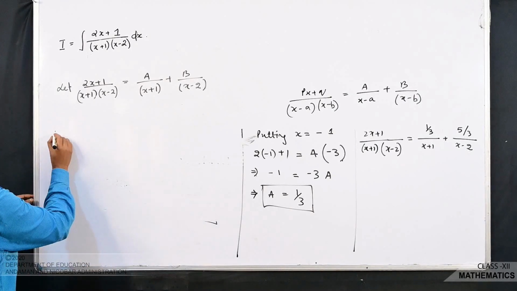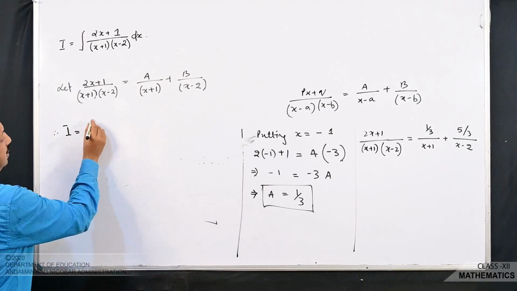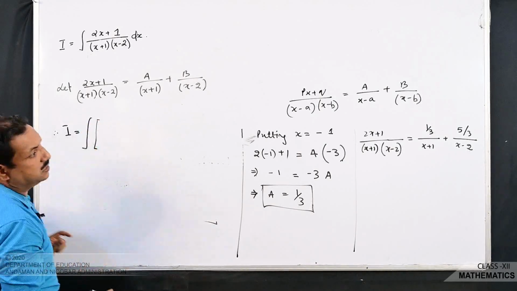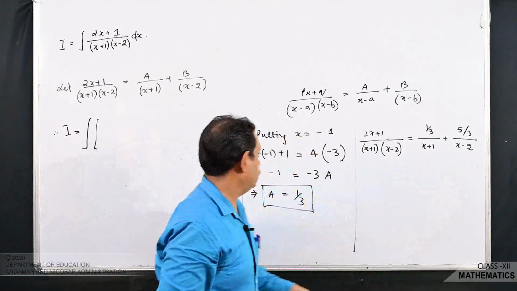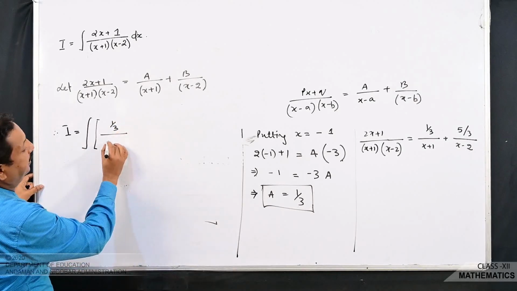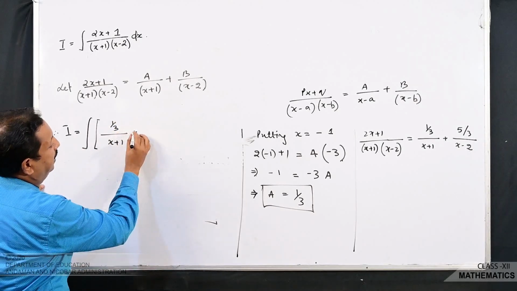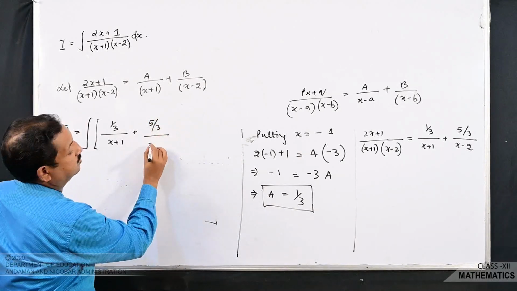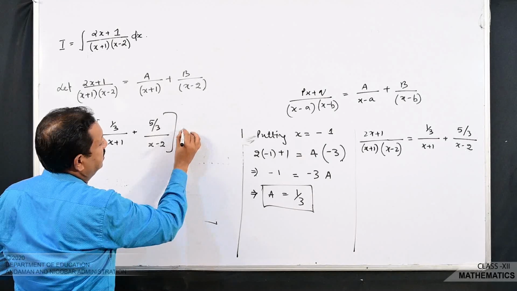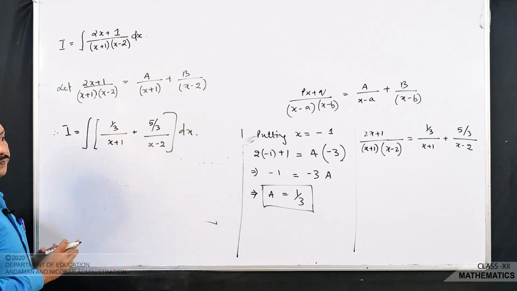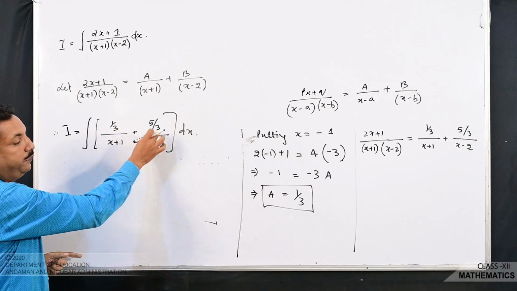Now therefore your I is the integration of this part, which I have changed to 1 by 3 by (x plus 1) plus 5 by 3 by (x minus 2), dx. So I made two separate terms by taking the constants a and b.